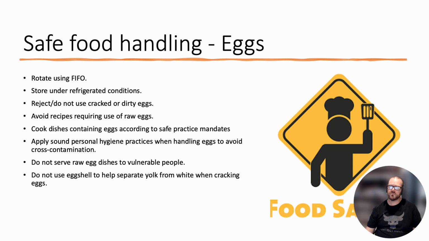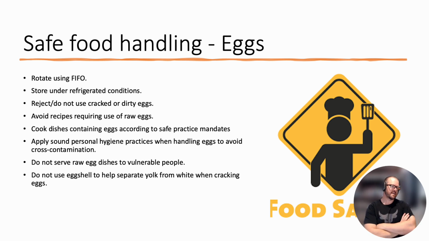Eggs is a big one, including raw egg foods, right? So the EHA comes down on fresh egg products all the time, because there's been multiple instances of people dying from poor handling of raw egg products. FIFO, store them under refrigerated conditions, don't use ones that are dirty or cracked. Avoid recipes requiring the use of raw eggs, or you can use raw eggs, but they really should be cooked.